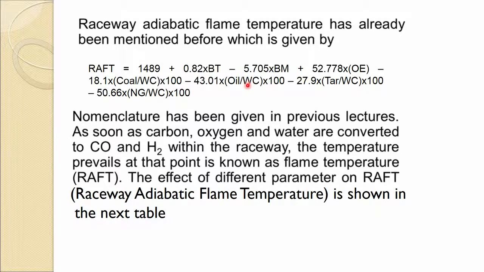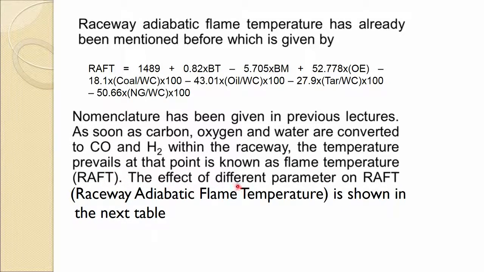So, you can go through that and find all the nomenclature. As soon as carbon, oxygen and water are converted to CO and hydrogen within the raceway, the temperature that prevails at that point is known as flame temperature.